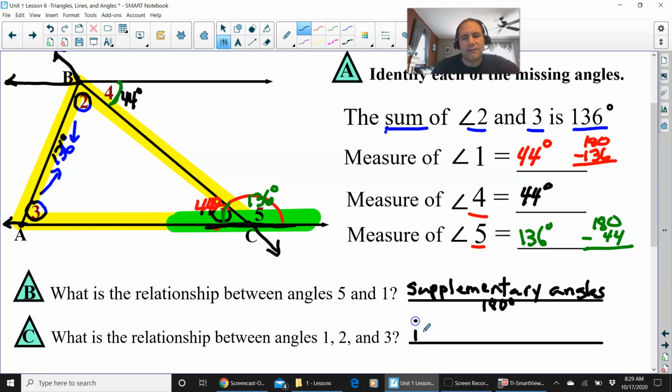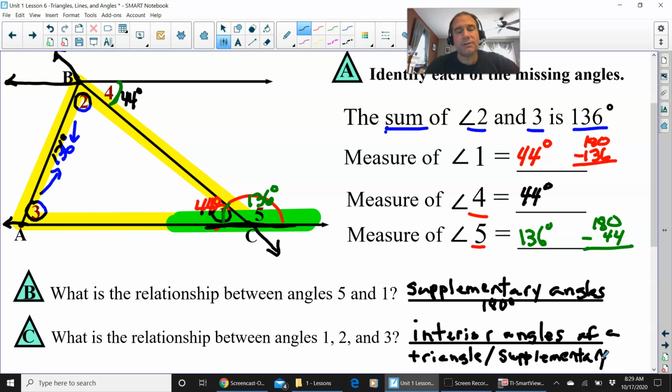And for that, you should have interior angles of a triangle. And also, they are supplementary. Even though there's 3 of them, supplementary angles because they're equal to 180 degrees.